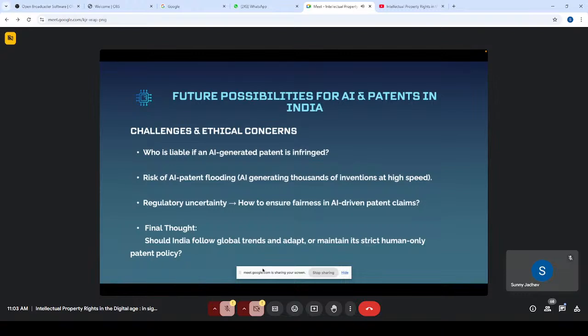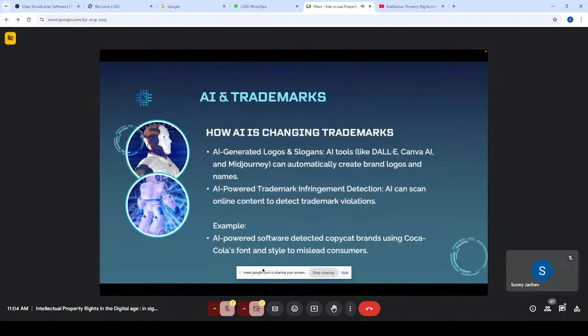Everything is uncertain from that perspective. Then, a final thought: should India follow global trends and adapt, or maintain its strict human-only patent policy? As upcoming and budding lawyers, you will probably face these challenges very soon, and I hope there will be some concrete solution soon.